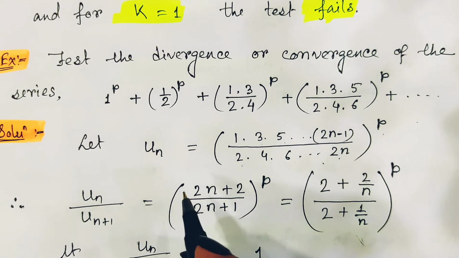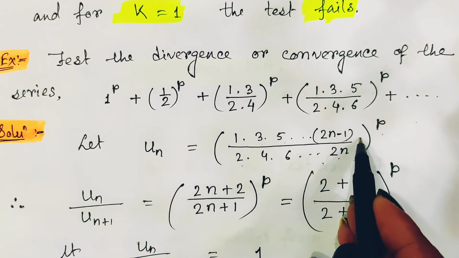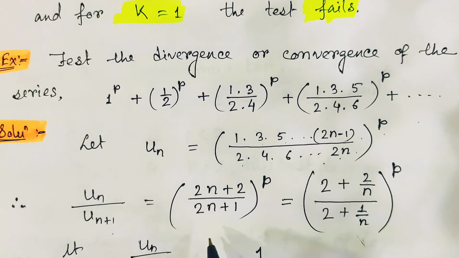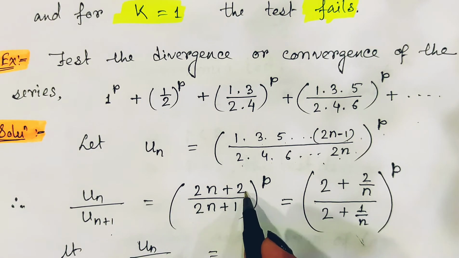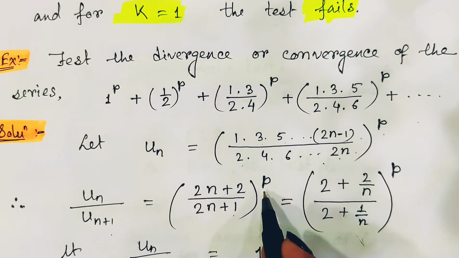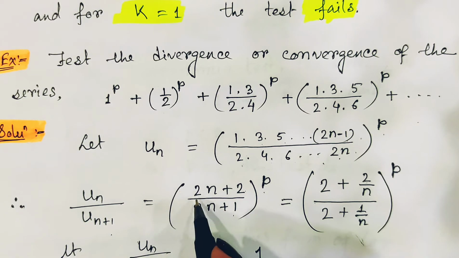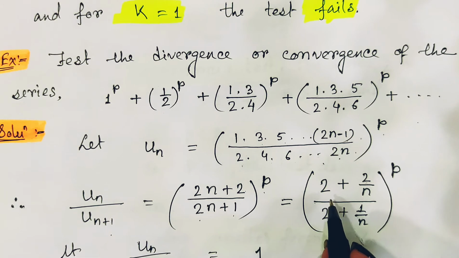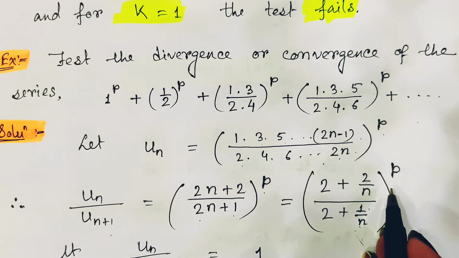So un plus 1 is what? That is obviously one more term here and one more term here. Now if we take the ratio of these two, then we will find out it is 2n plus 2 divided by 2n plus 1, whole to the power p. Now if we divide denominator and numerator by n, then we will find out it is 2 plus 2 by n divided by 2 plus 1 by n, whole to the power p.